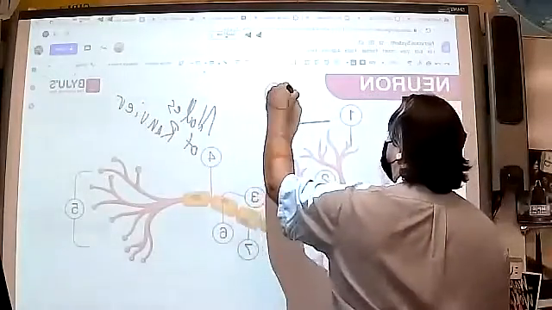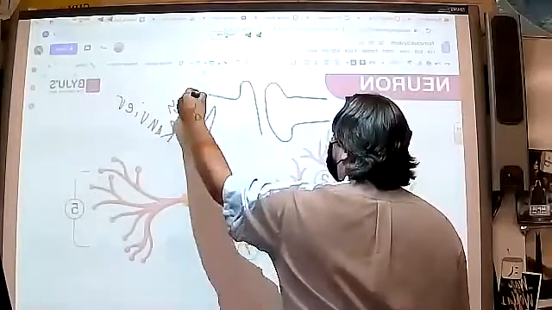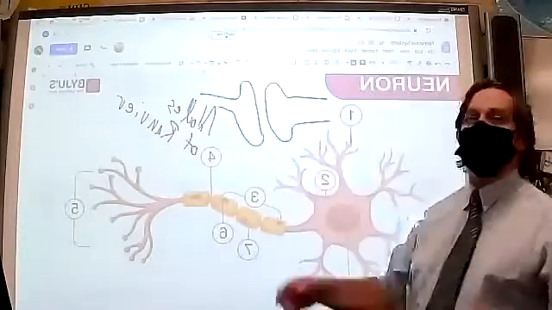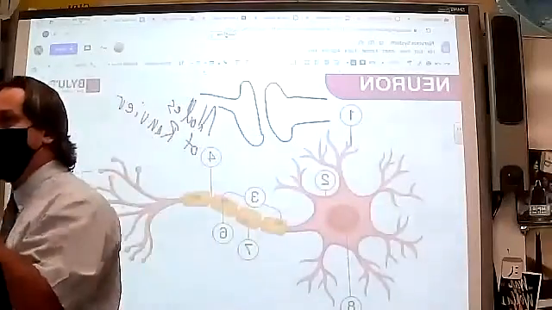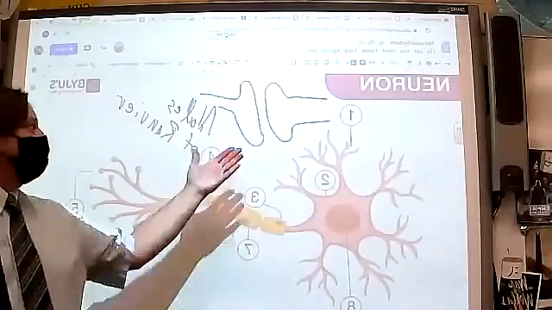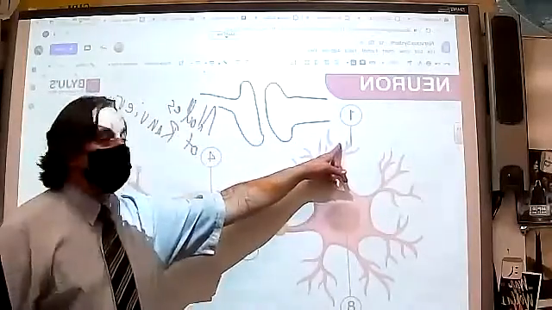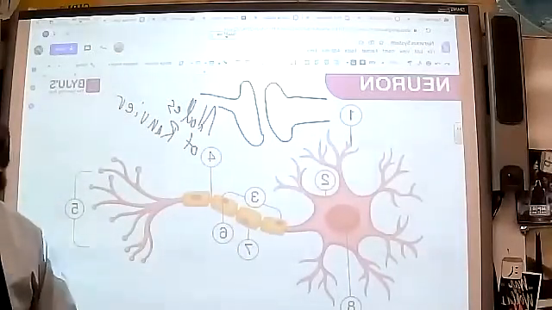And I'll show you in a second what I mean. I might link it on the Facebook or the Canvas page. But you get this close little tiny gap that the nerve signal has to cross, where it goes from one cell to another. This is called the synapse, where you have the terminal point of one cell and the dendrite of the next cell. Questions on any labeling of this?